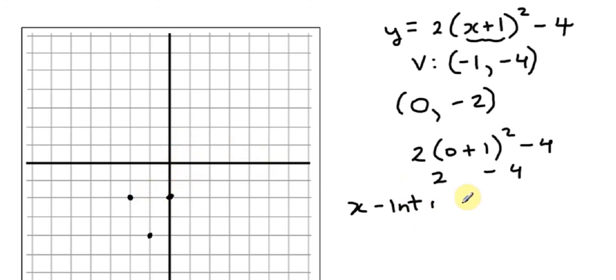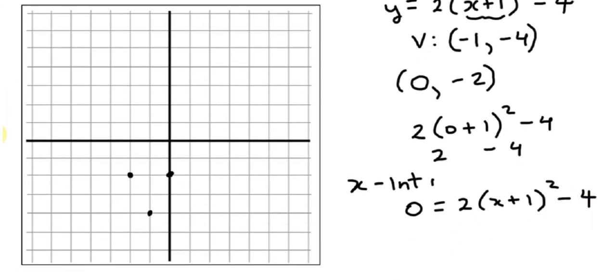So this really is worth the trouble of calculating. And we know they occur when y is 0. So a little bit of algebra to do here. What we've got is 2 times the x plus 1 all squared minus 4. And I'm going to try to solve this thing for x. I'm going to show you a little bit of tricks that we use here. So I can give myself a little bit of room.